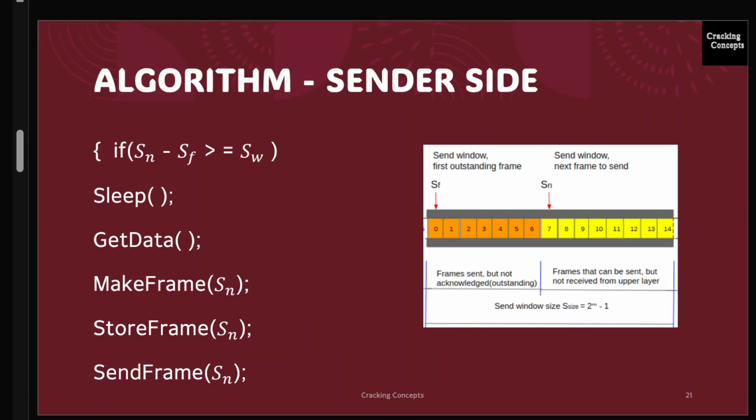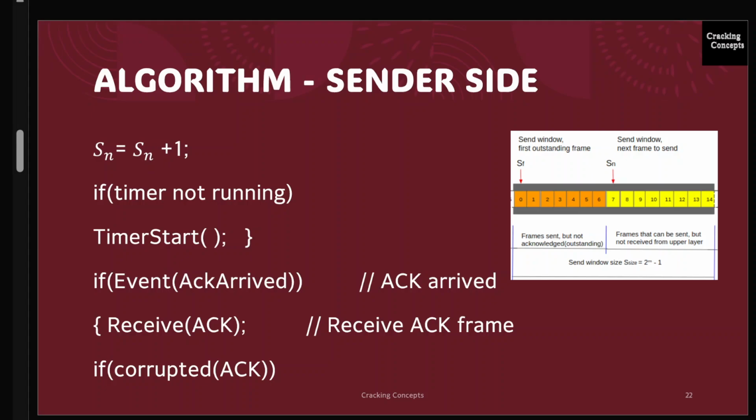Otherwise, it will get the data, make the frame, store a copy of it until it's acknowledged, and send that frame to the receiver. It will increment the value of SN. Now, if there is no timer running currently, then the timer will be started.